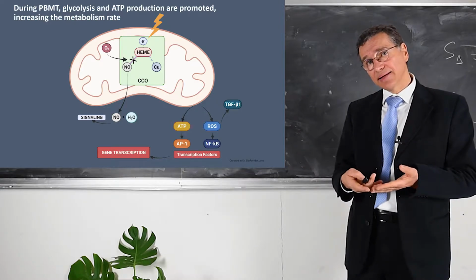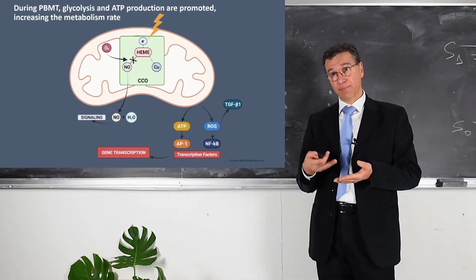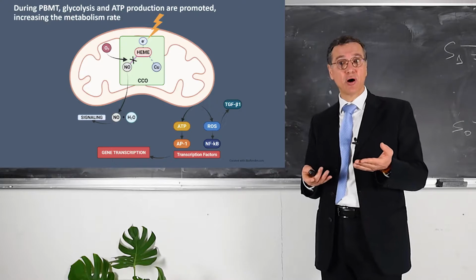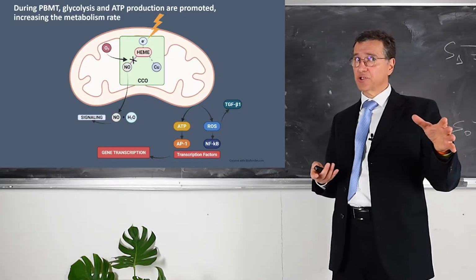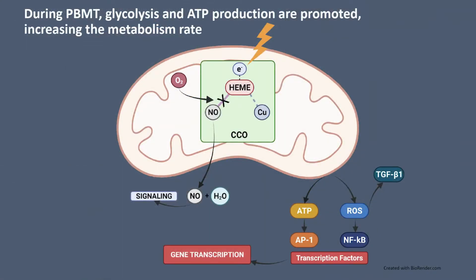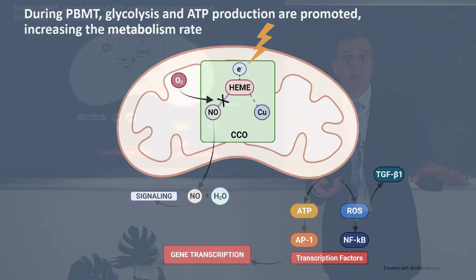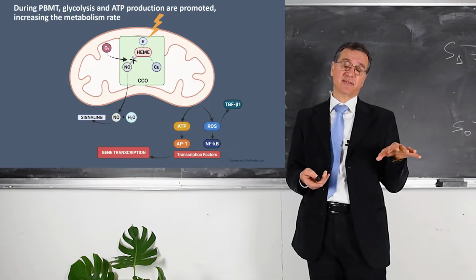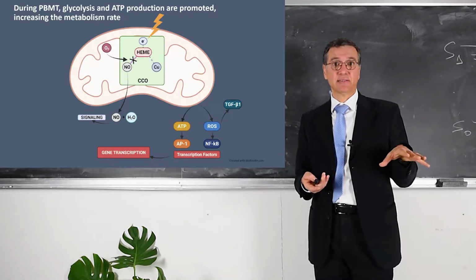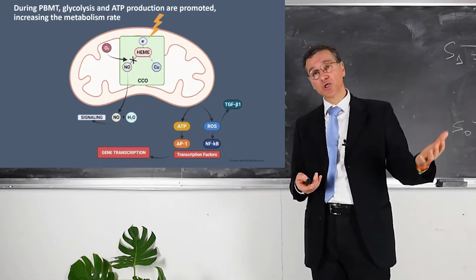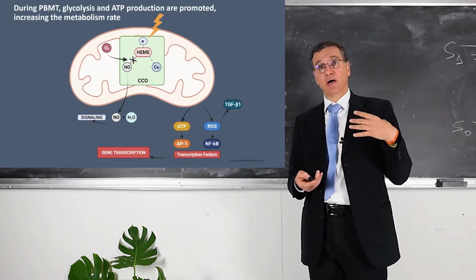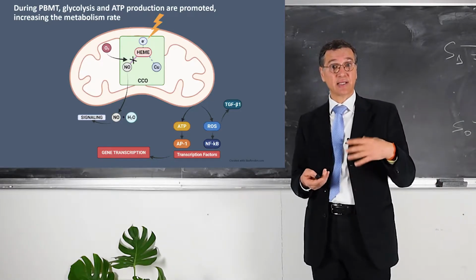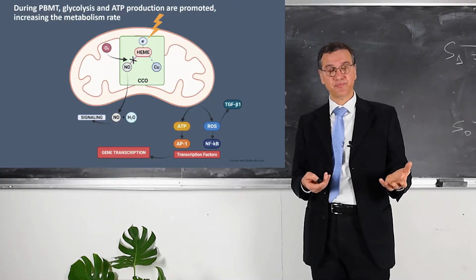And when light interacts with the cytochrome and in principle with the heme complex, it delivers the nitrogen oxide, it bounces a molecular oxygen, but the nitrogen oxide, as you can see from this slide, is going to create signaling to produce components, metabolites that are going to change completely the metabolism and the activation process of cells.